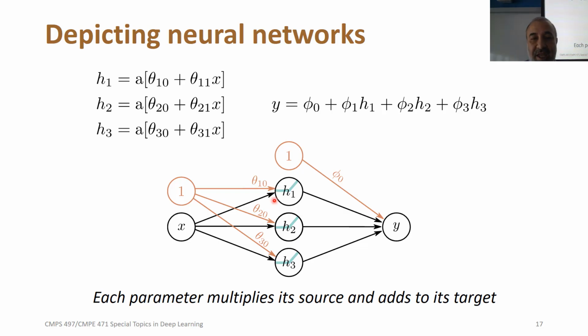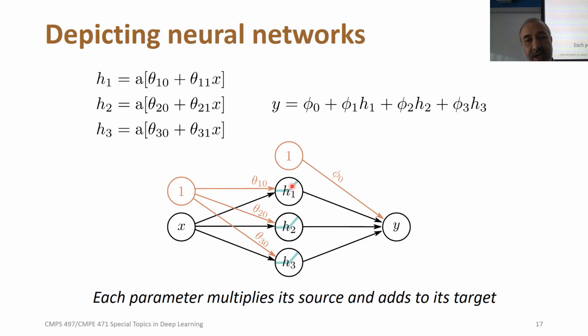And at every hidden unit, we sum together the input multiplied by the weight. So here this is x, multiplied by whatever the weight is here, which is theta 1 1, plus 1 multiplied by theta 1 0.